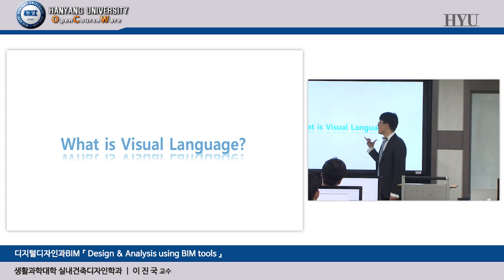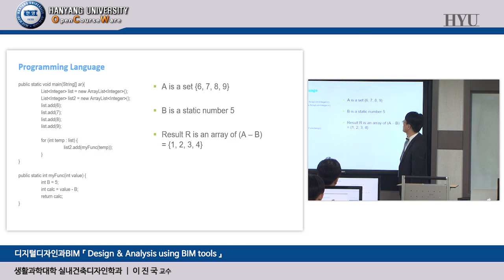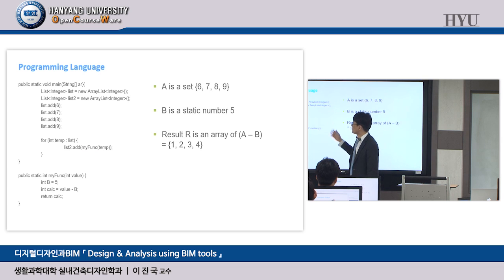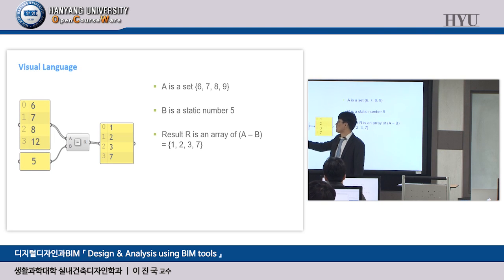So that's why someone invented a visual language. Take a look. This logic, this algorithm can be represented in a computer programming language this way. But this is not easy. That's why it is replaced with this kind of visual representation. Take a look, very intuitive.